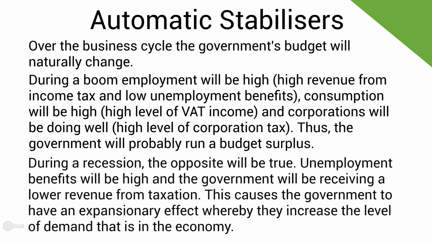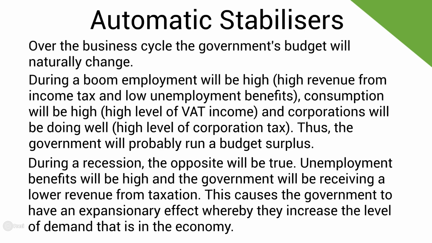During a recession, the opposite will be true. Unemployment benefits in a recession will be high, and the government will be receiving lower revenues from taxation. These lower taxation revenues come from a decrease in consumption, meaning that VAT revenue falls, a decrease in income tax because fewer people are employed, and corporation tax will probably fall because firms will not be doing as well as they were before.